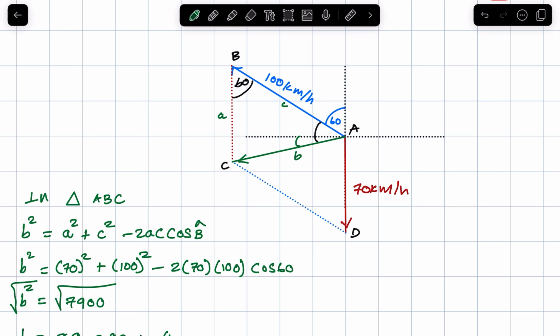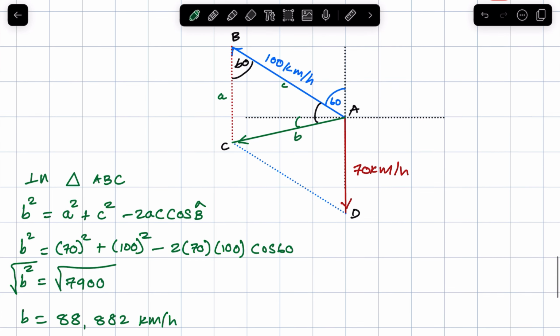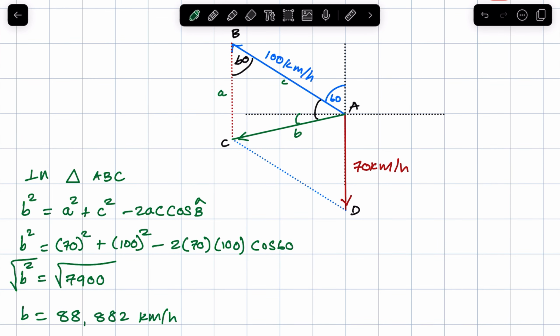So the angle A is 43.004 degrees. To get the small angle, which is referred from the x-axis to the velocity of B relative to A, we know that if this angle is 60 degrees, this angle is 30 degrees.